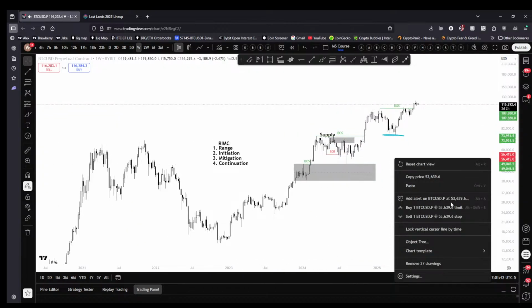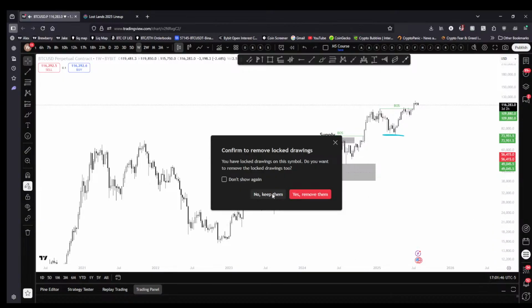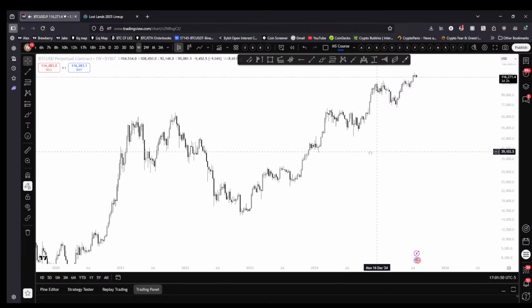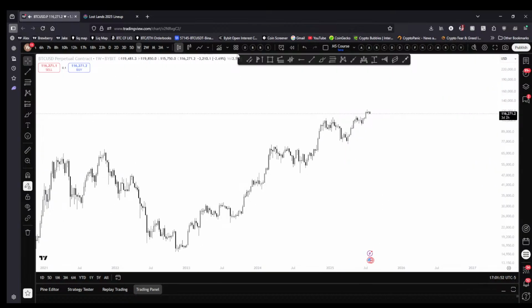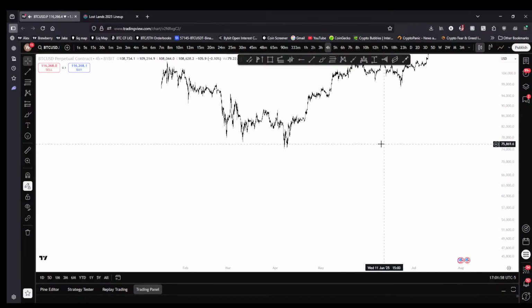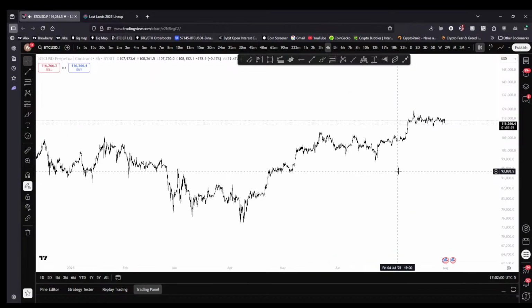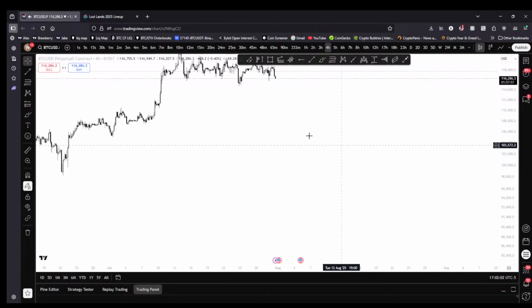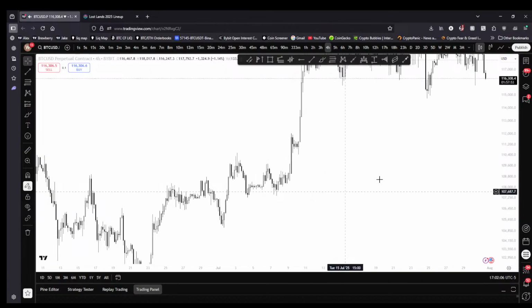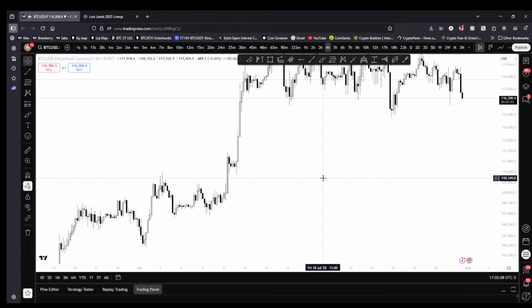Let's talk about order blocks. So, what is an order block?